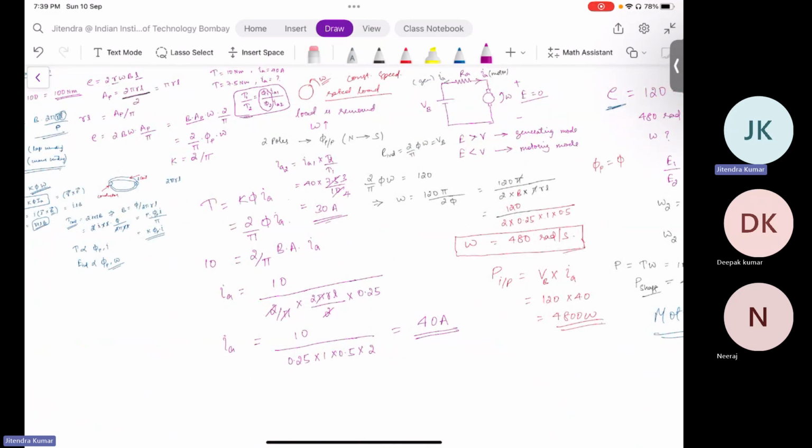Because the speed has to increase or reduce from 10 Newton meter. At 10 Newton meter you are reducing the torque. When does your torque get reduced? As you release the load, as you reduce the load, and load is reduced, so your speed should be increased.